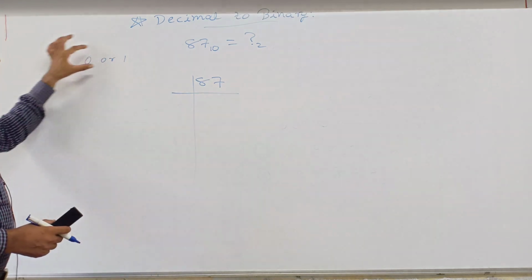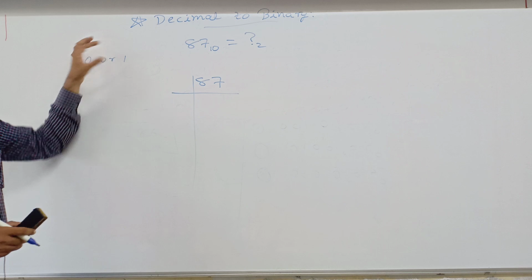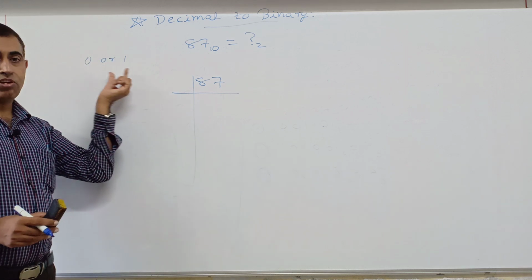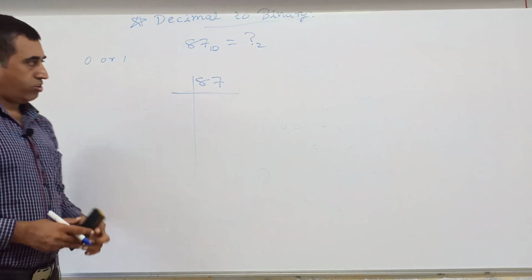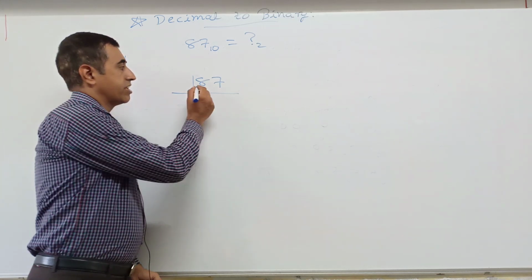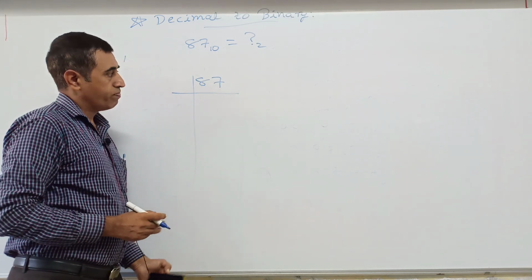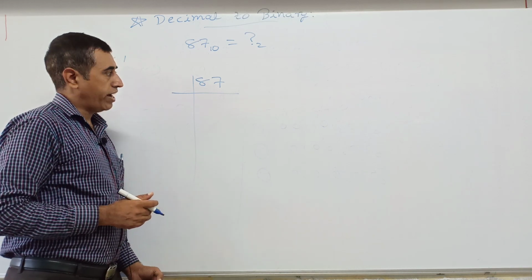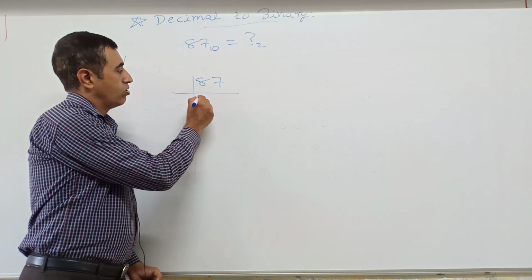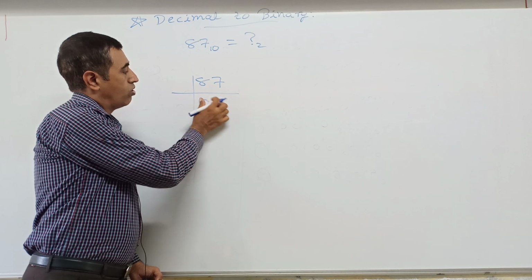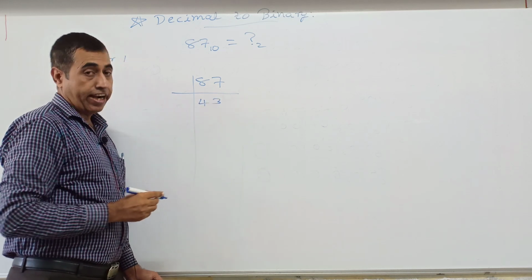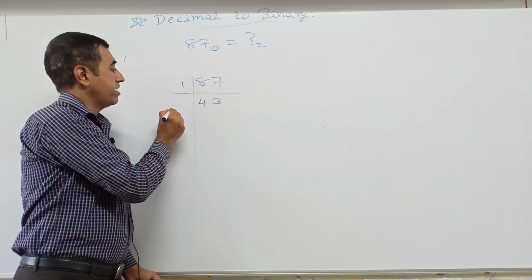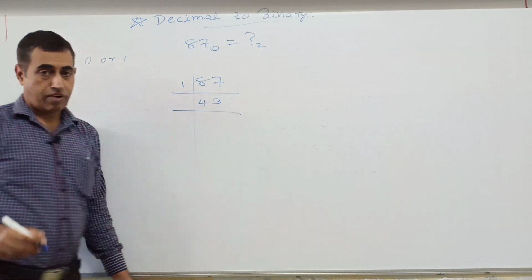Whatever you get is the binary digit, either 0 or 1, and you have to write that here. So 87 is not divisible by 2. Actually, up to 86 we can divide it. So 43 2s are 86, and the remainder we have to write here is 1.